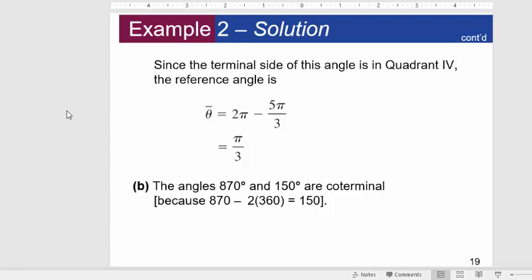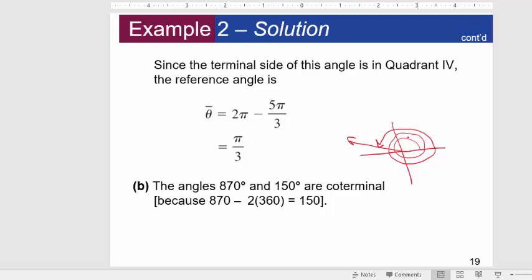All right. And then for 870 degrees, the thing you've got to realize is, well, 870 degrees is really wrapping around once. That's 360. Wrap around again. That's 720. And then you need another 150. So that's actually your 870 degrees, right?